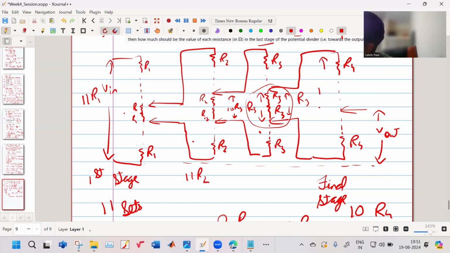And because R3 and R4 are chosen with some specific relation, across 2R3 and a 10R4 combination, you will get an effective resistance of R3. And then that R3 in combination with 9 other R3s becomes equal to 10R3.